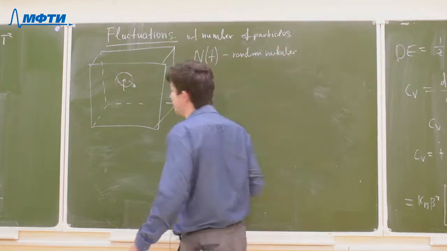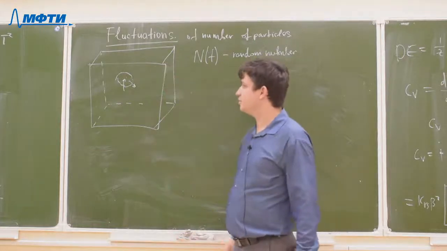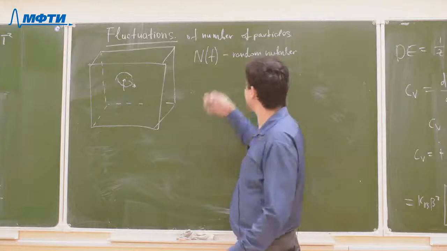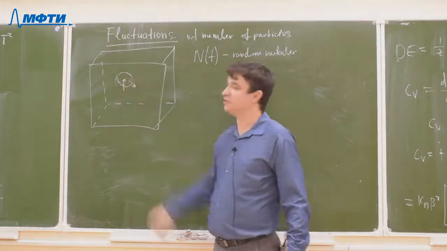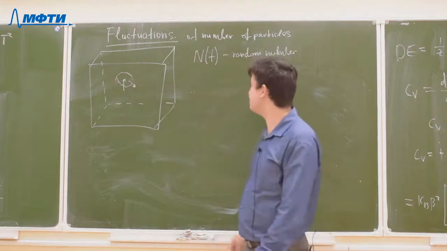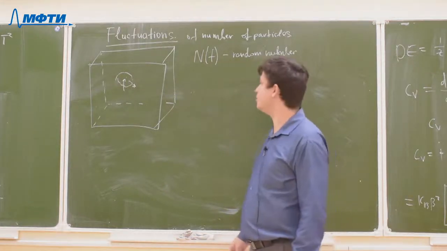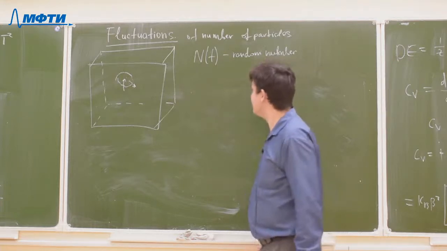Of course, if we understand everything about motion of particles inside this vessel, then we can predict how this number of molecules inside a certain selected volume will change with time. But if we don't know such information, then this number of particles will behave as a totally random number.